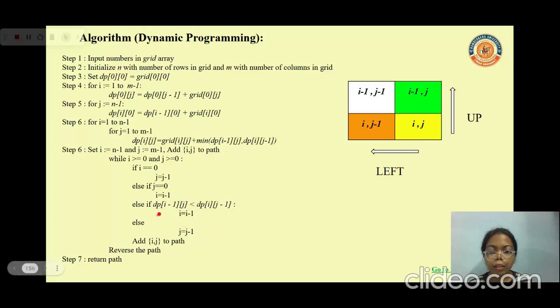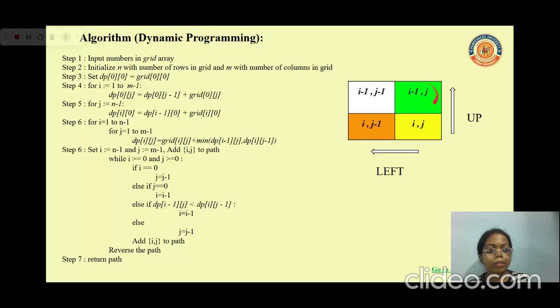And if dp of i minus 1, j is less than dp of i, j minus 1, meaning if the green cell value is less than the orange cell value, I must move up, or else I must move left. Meaning if this value is lesser, I will move here.